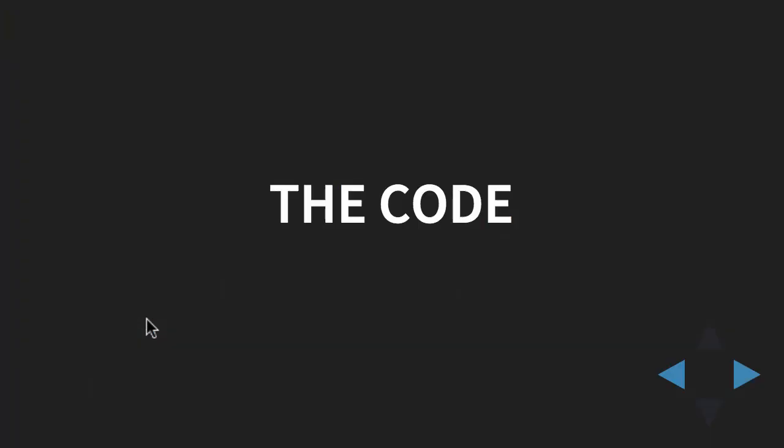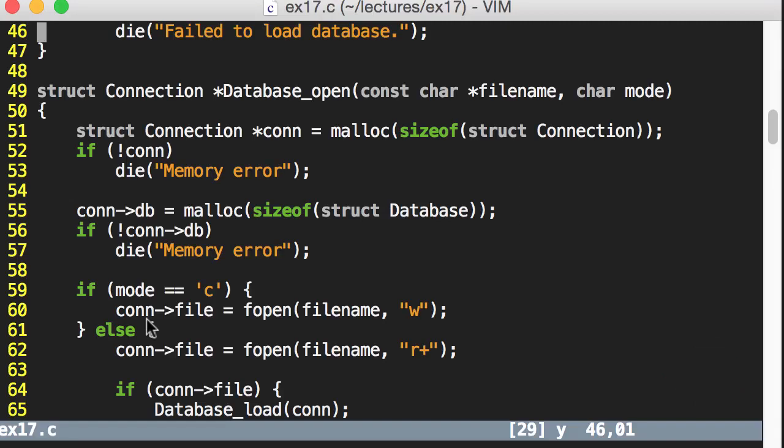However, for the first task, which is how to do allocating on the heap, I'm going to point out some things to you. First, when we do database open, I'm making a structure with malloc. That's heap. Got it? Same thing here when I make the database struct.